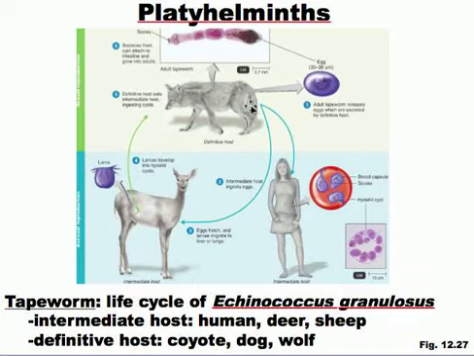Now, if instead these tapeworm eggs were eaten by a sheep or eaten by a deer, then the eggs can hatch and the larvae can migrate to the liver or to the lungs.